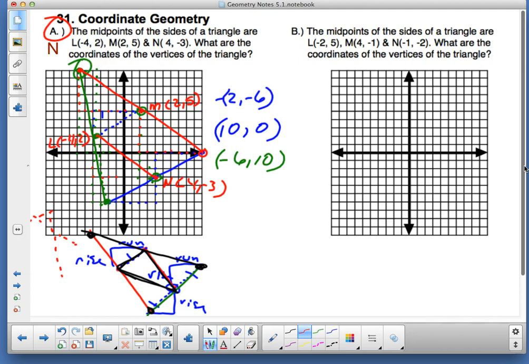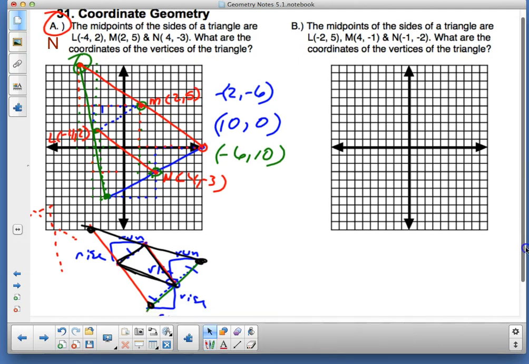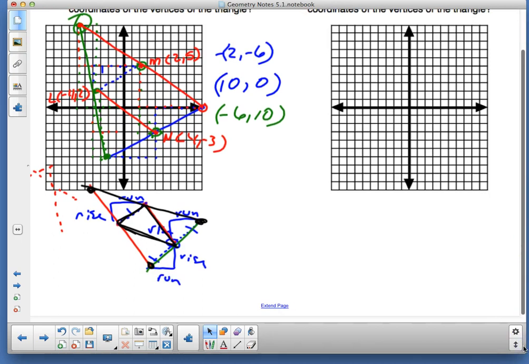Okay, so now we're done with notes. Oh, one other thing. Let me give you your assignment real quick. I want to talk about problem 24. 28, I lied, not 24.